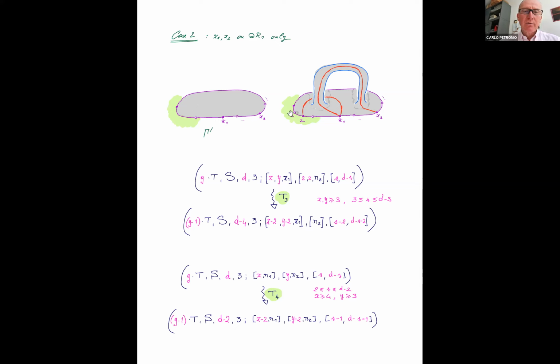So you add 2 new vertices, white and black, on E. So you see here the length of the green region is increased by 1. And you add 2 valence 2 white and black vertices, and you do topologically the same thing.